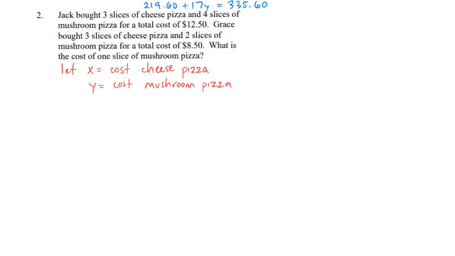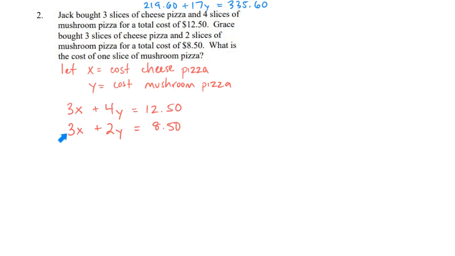Okay, so now let's write some equations here. Jack bought 3 slices of cheese pizza and 4 slices of mushroom pizza, and he paid $12.50. Grace bought 3 slices of cheese pizza and 2 slices of mushroom pizza, and she paid $8.50. Now, this one is set up really well for elimination.